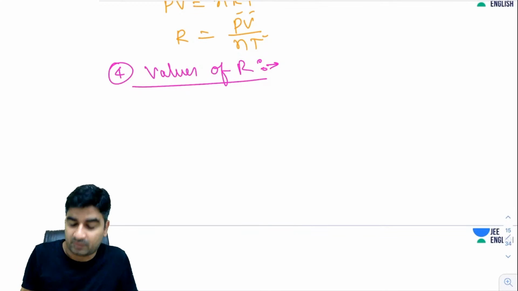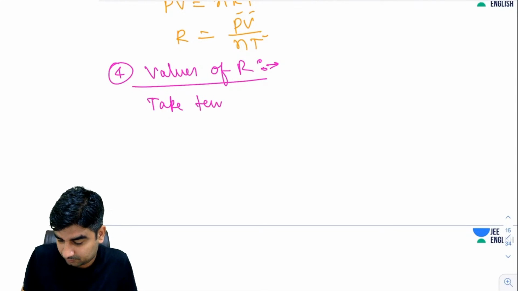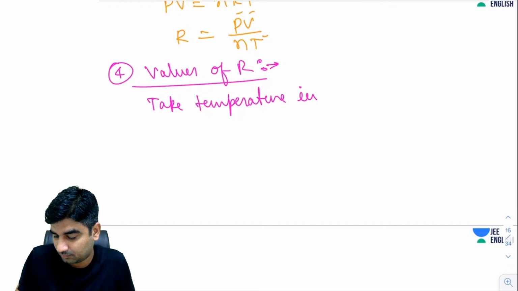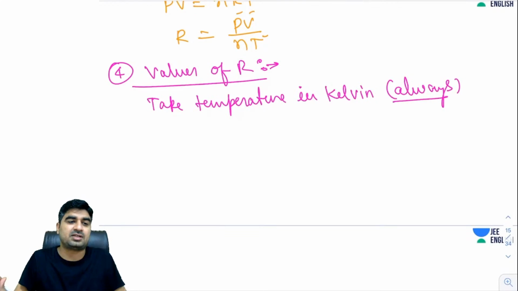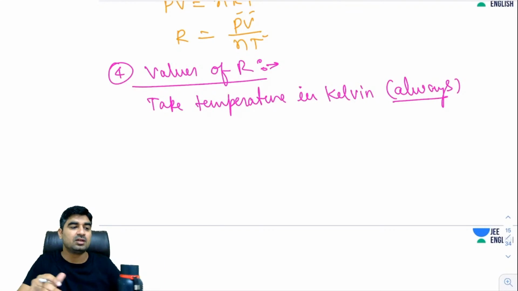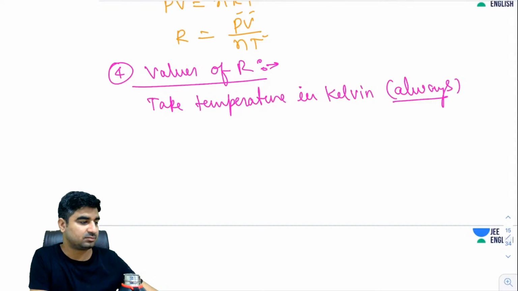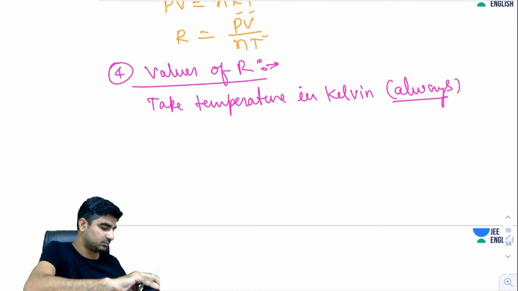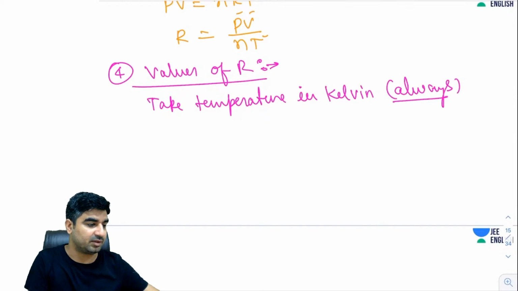Always keep in mind, take temperature in Kelvin always. So the temperature issue is resolved. You always have to take temperature in Kelvin, right? You always have to take temperature in Kelvin.